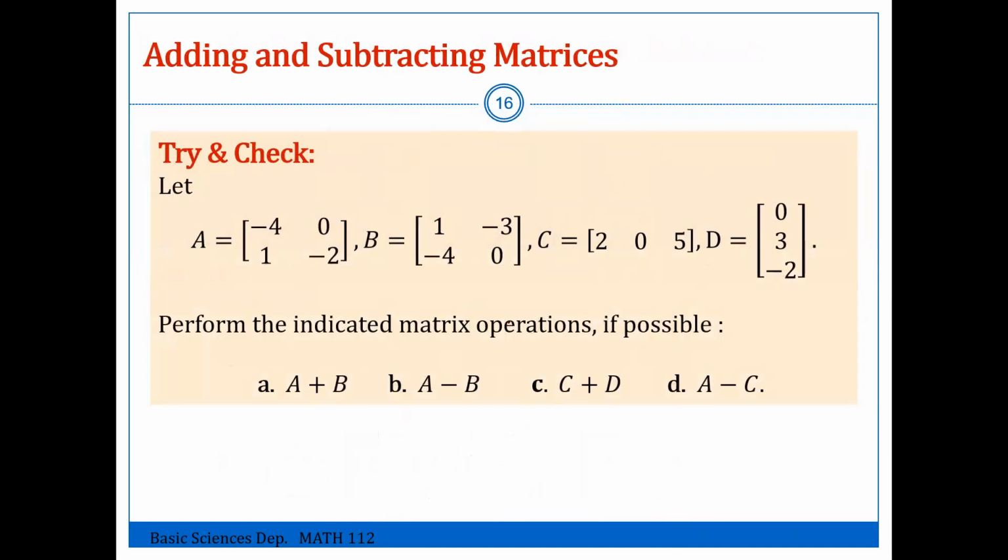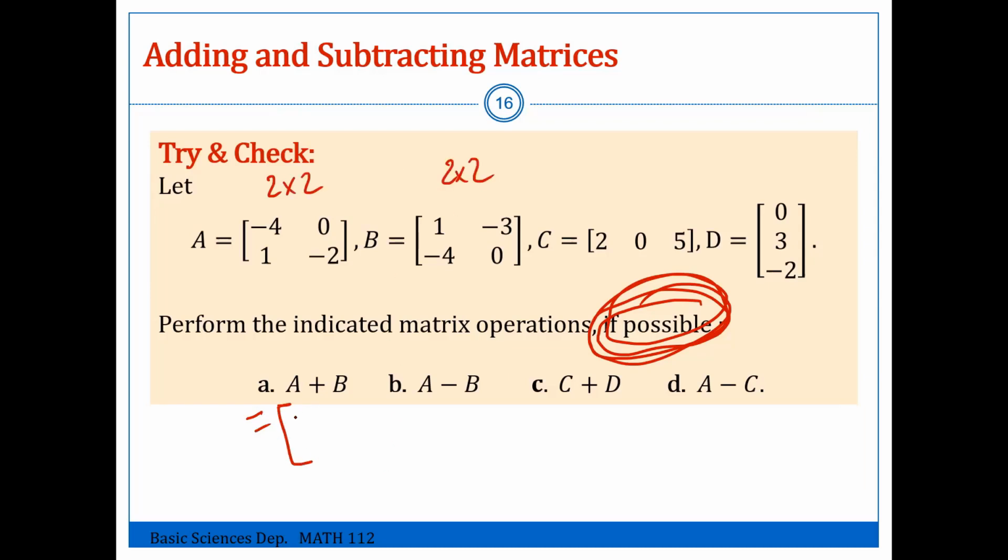Perform the indicated matrix operations if possible. Why does it say if possible? It's not always possible to add matrices. Of course not. So A plus B, is it possible? Yes, this is order 2, this is order 2, same order.